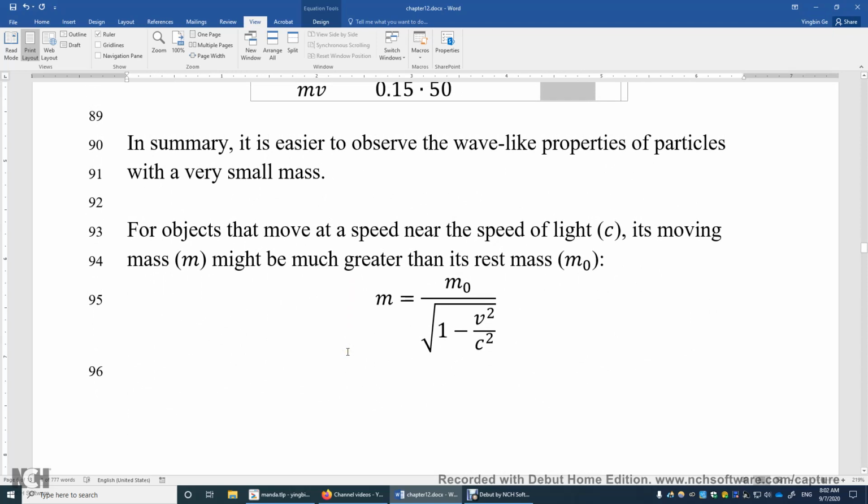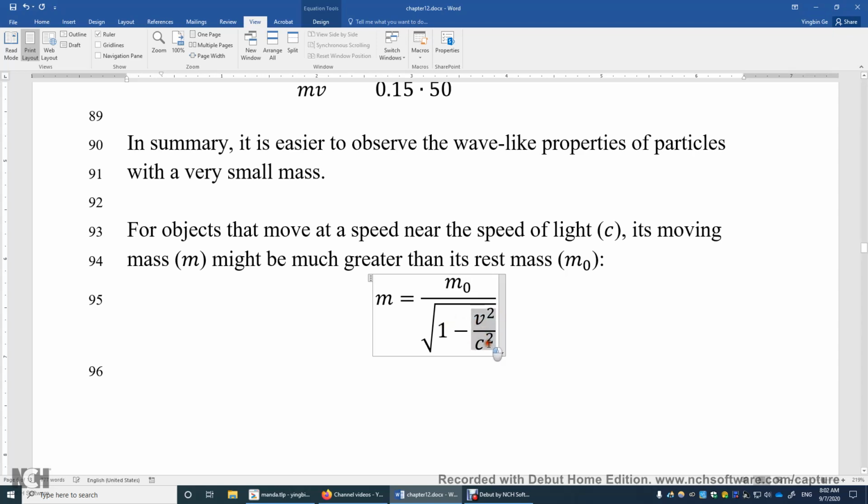If we are looking at a particle that moves at a speed near the speed of light, we need to make some corrections to its mass. The moving mass is the rest mass divided by the square root of 1 minus v squared over c squared. So you need to know the speed of the particle. Plug it in here.